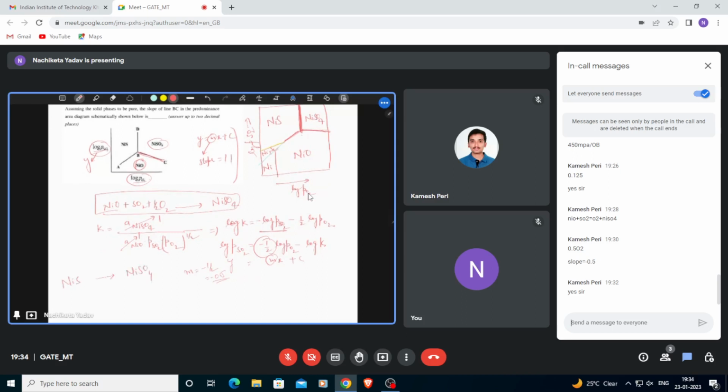NiSO4. So here O2, 2 oxygen. Why is it parallel? You try to find out all slopes. You just search predominance area diagram for nickel, sulfur and oxygen. You will find this diagram. Why is it parallel to log PSO2?